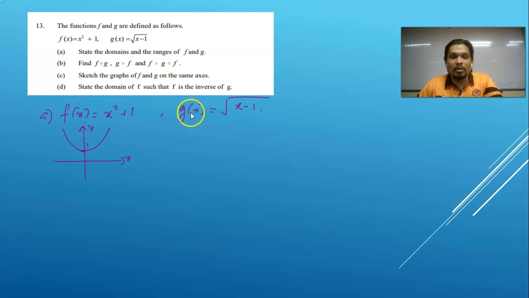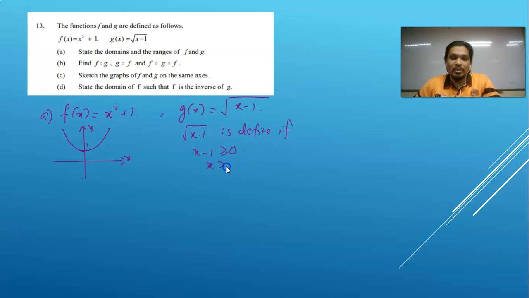For the square root function g(x) equal to square root of x minus 1, it is defined if x minus 1 is greater than or equal to 0.